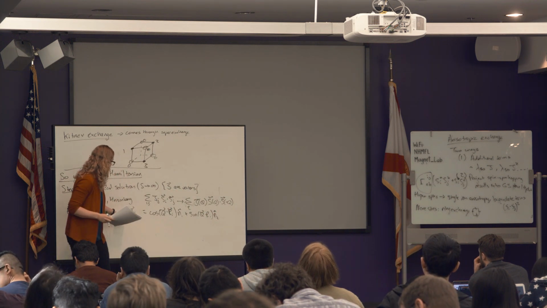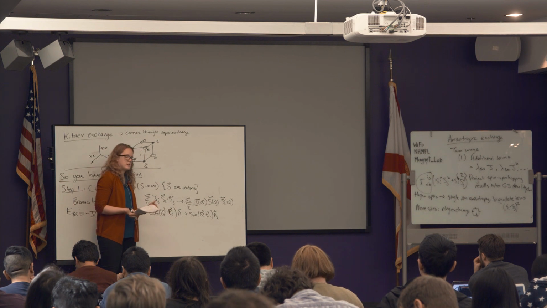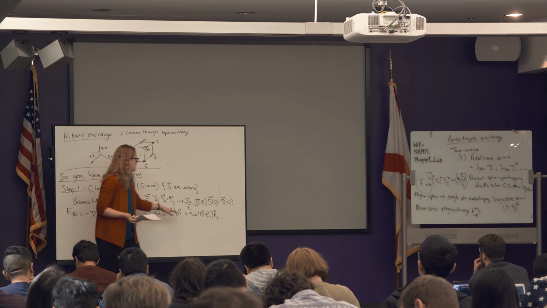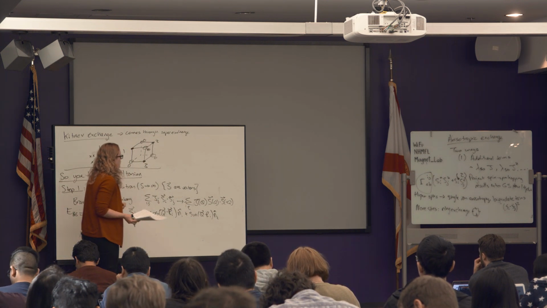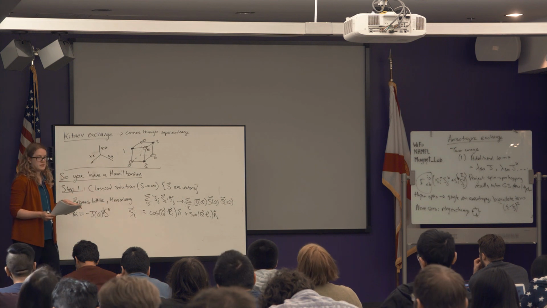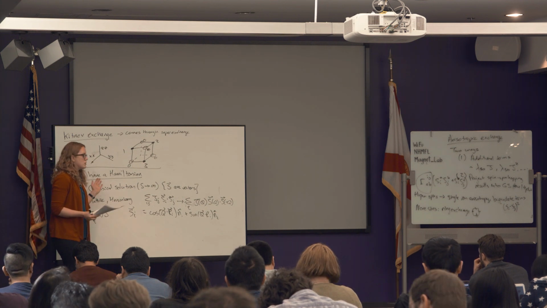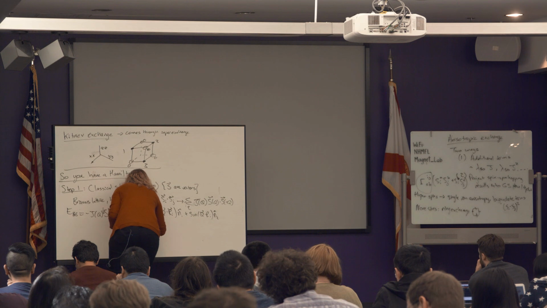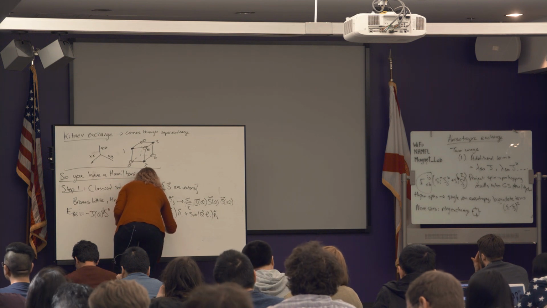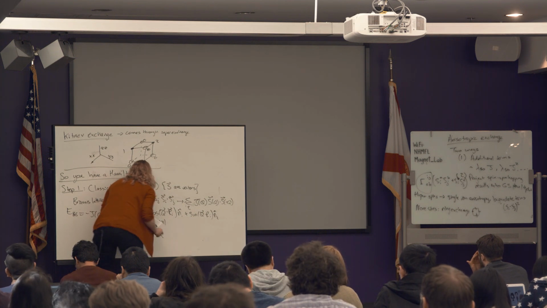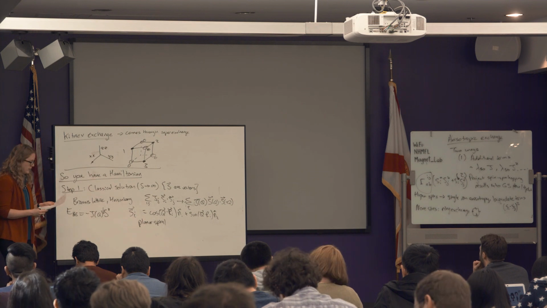So I'll have some cosine of Q dot R in one direction, say the Z hat direction, and a sine of Q dot R in another direction, say the X hat direction. So I'm going to get generically a planar spiral configuration.